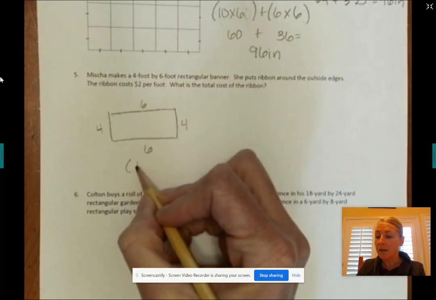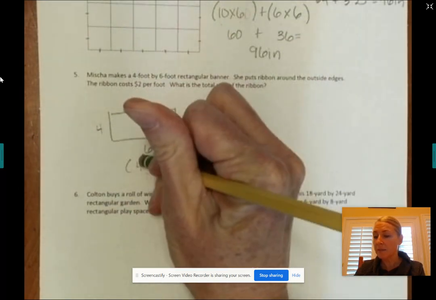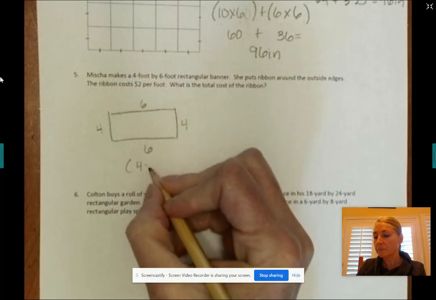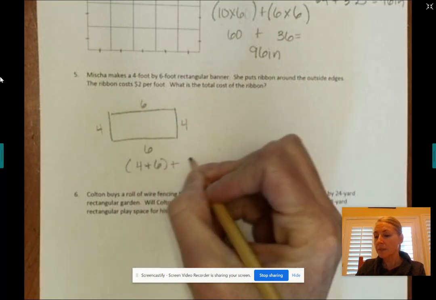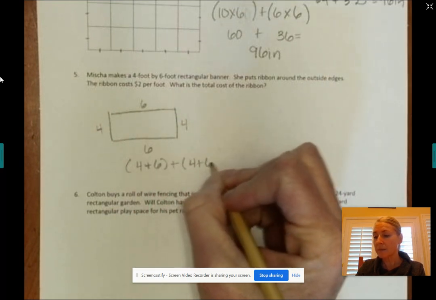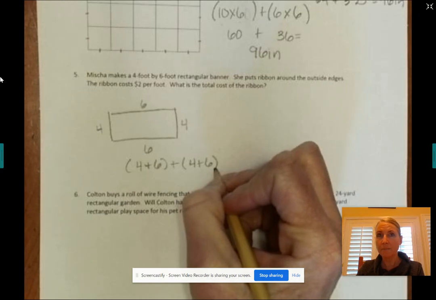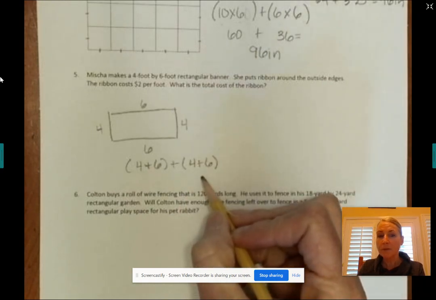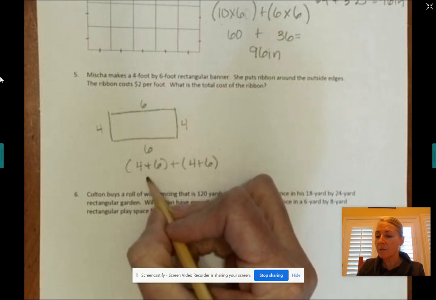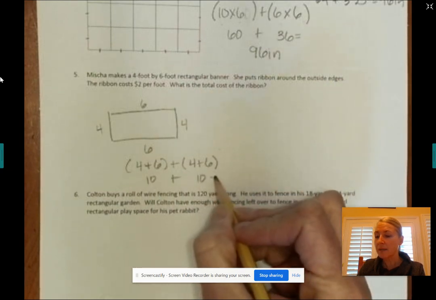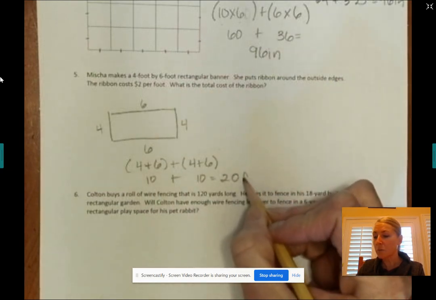So I've got a 4 plus 6 plus another 4 plus 6. And I'm going to review the formula for perimeter on this one too, since it's a nice, neat figure. And we end up with 10 plus 10 equals the perimeter of 20 feet.